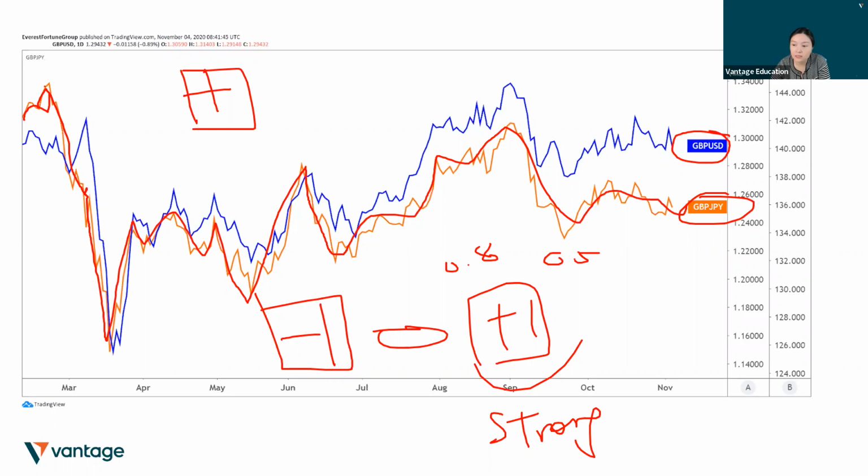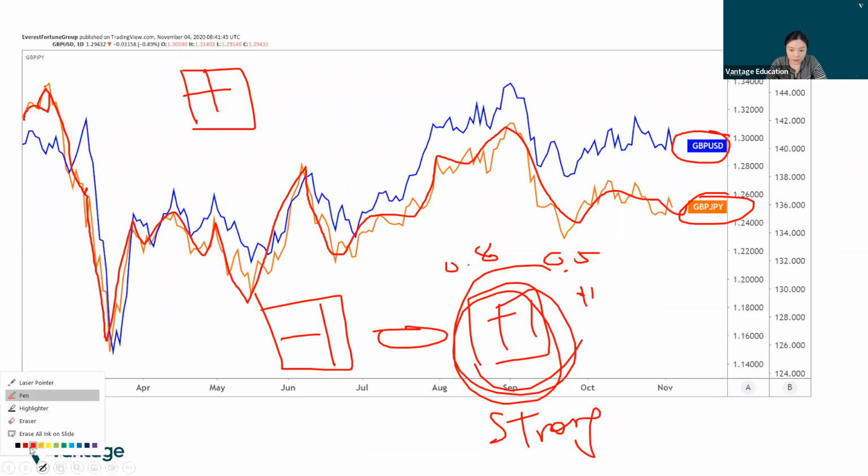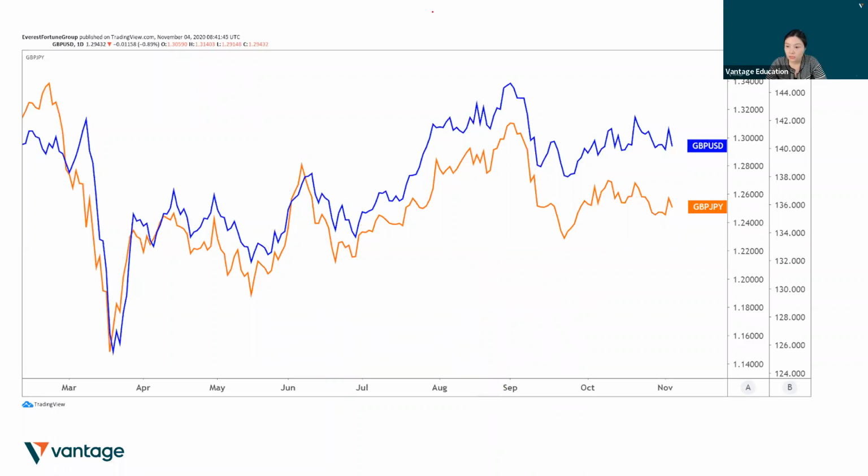So in this instance, I would say that my GU and my GJ are strongly positively correlated. So maybe this is a +1 or a 1, depending on how you name it. I would say +1 correlated, because at every step of the way they move exactly the same.